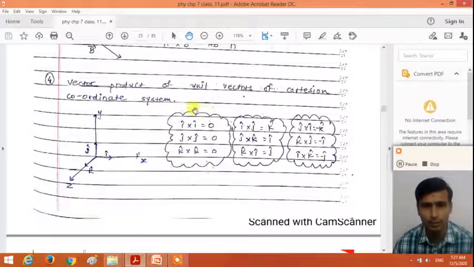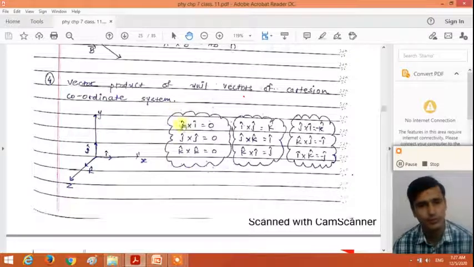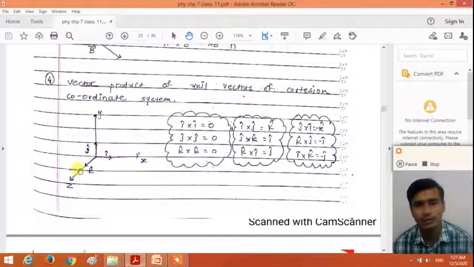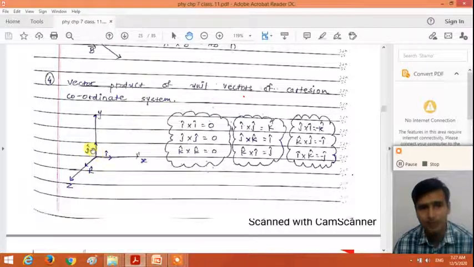So the vector product of Cartesian unit vectors in the same direction is 0, right? So i cross i we take 0, j cross j we take 0, and k cross k we take 0.